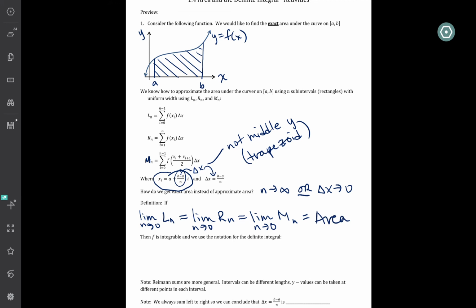So if all of those limits approach the same number, and that number is the area under the curve, then we have some vocab and notation that we'll use for that.